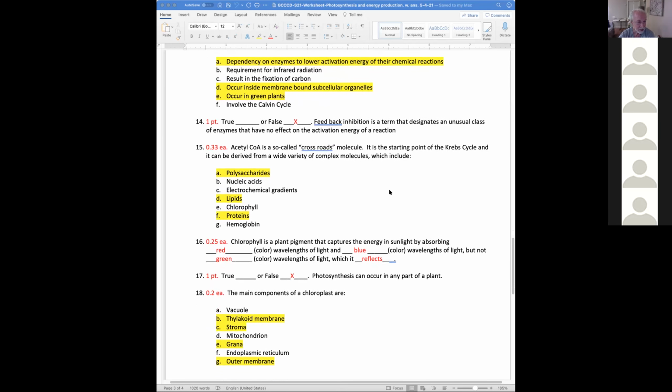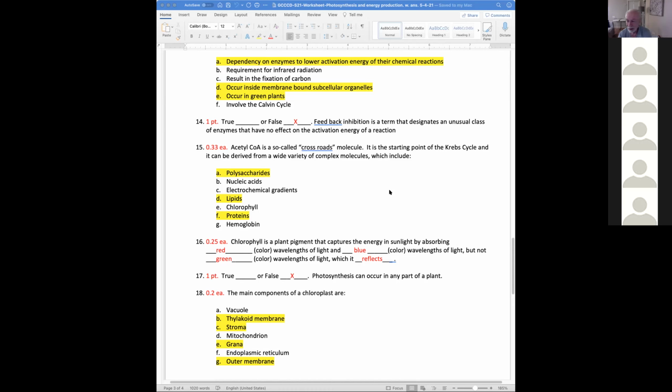Then the next one, acetyl-CoA, is a so-called crossroads molecule. It is the starting point of the Krebs cycle. It can be derived from a wide variety of complex molecules, which include polysaccharides, lipids, and proteins primarily. Now, if you put down nucleic acids, that is not incorrect. It's just that nucleic acids would be a very small portion of the nutrients in the food that we eat. The bulk of what we eat is polysaccharides, lipids, and proteins.